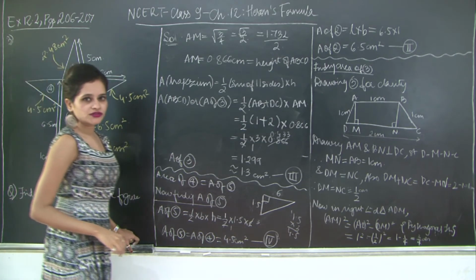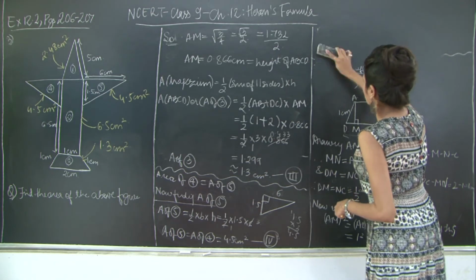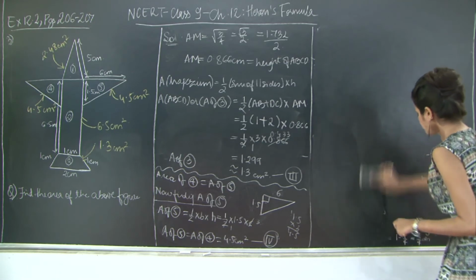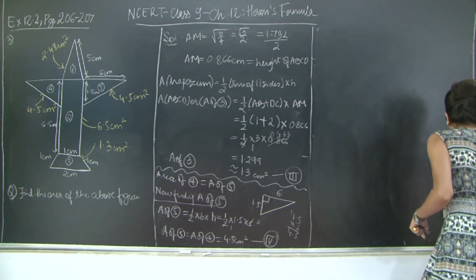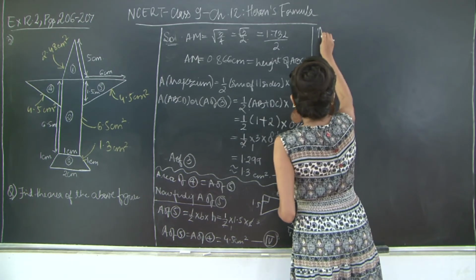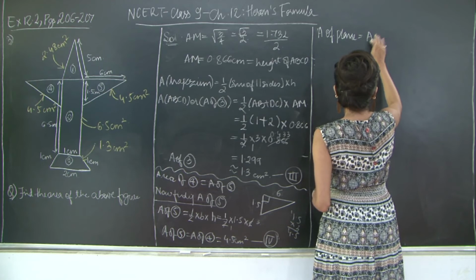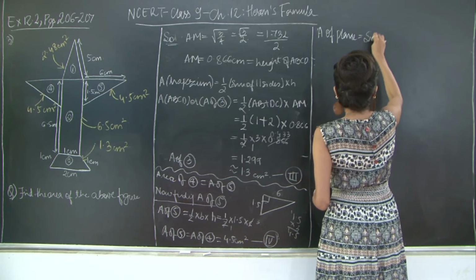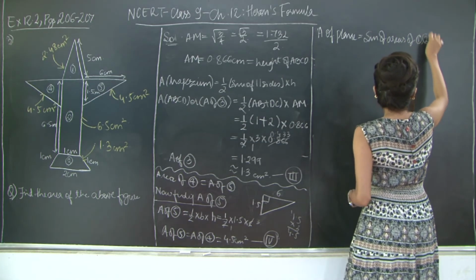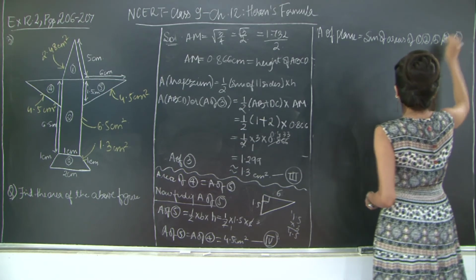So now we are going to find the area of the plane by summing up the areas of parts 1, 2, 3, 4 and 5. So I'll say area of plane is equal to the sum of areas of 1, 2, 3, 4 and 5, right?